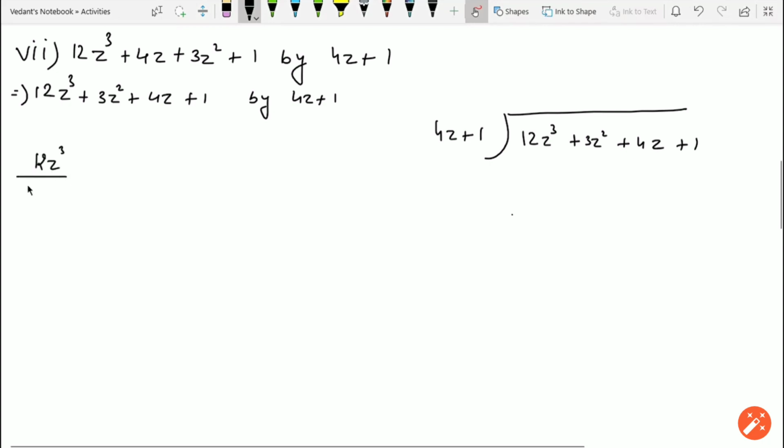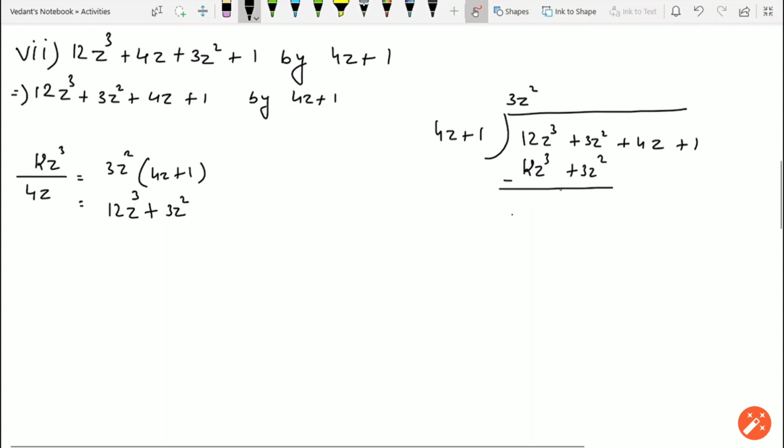The first term of the dividend is 12z cube and first term of the divisor is 4z. So divide it here in rough, 12z cube by 4z. It means we need to multiply with 3z square. So write at the place of quotient 3z square, and we multiply with the divisor. We get 12z cube plus 3z square. Minus plus cancel, 3z square minus 3z square.